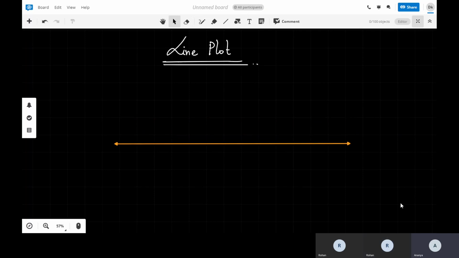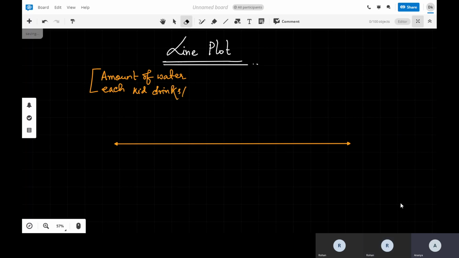Let's say we have a line plot which is going to represent the amount of water each kid drinks per day.